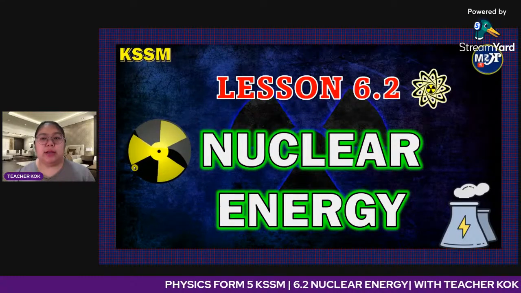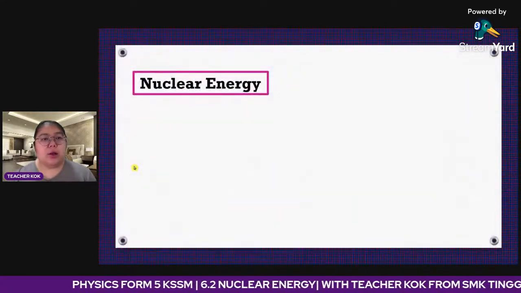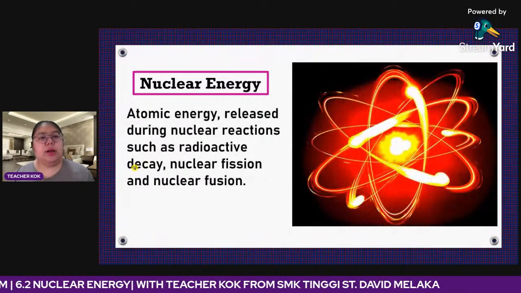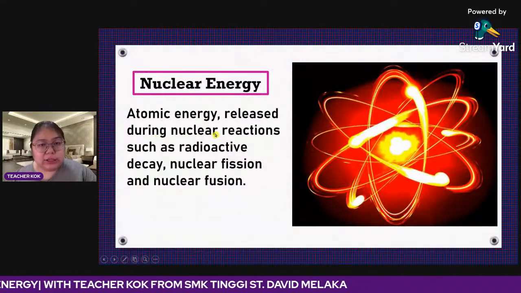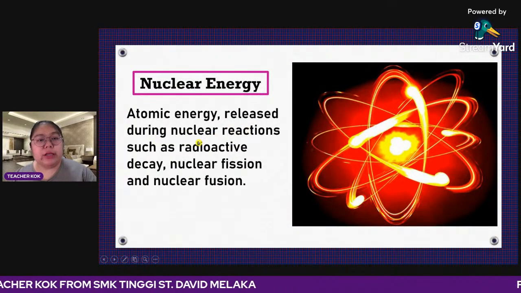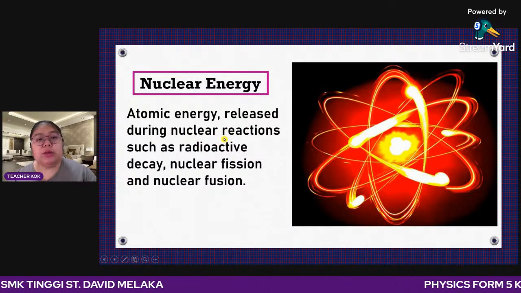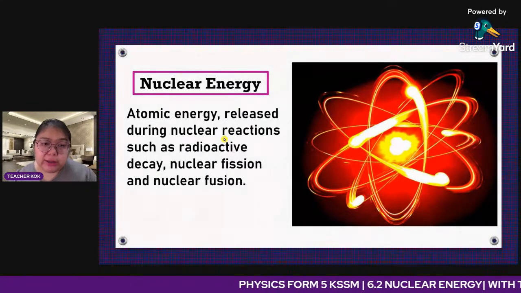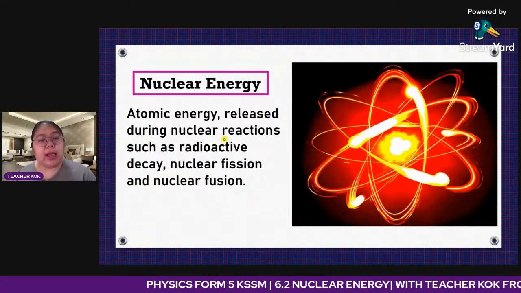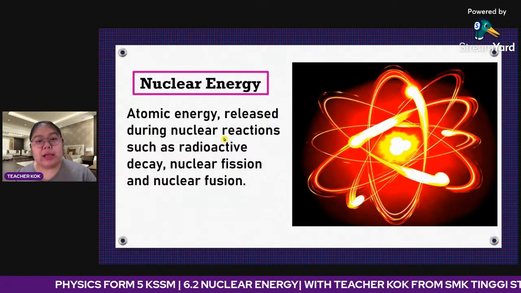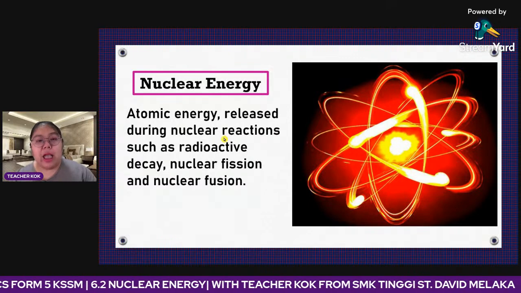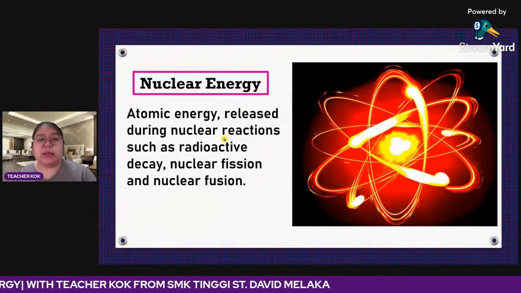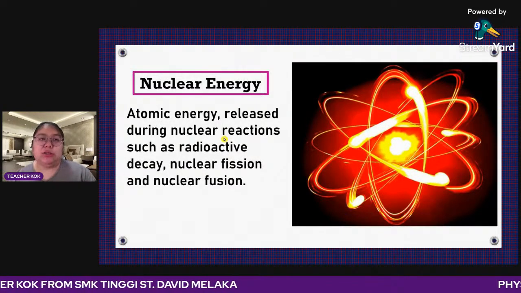Let's see what nuclear energy actually means. It is atomic energy that can be released during a nuclear reaction. Examples of nuclear reactions are what we learned: alpha decay, beta decay, and gamma decay. These are all nuclear reactions. Every reaction produces energy, so we call it nuclear energy.